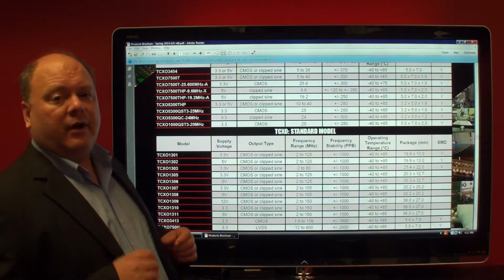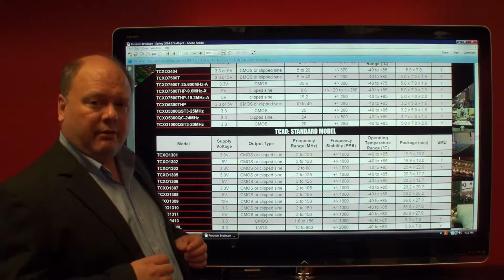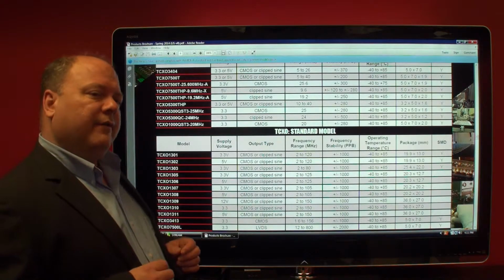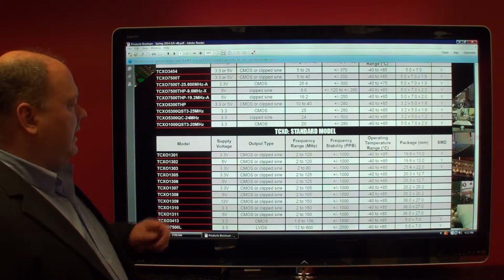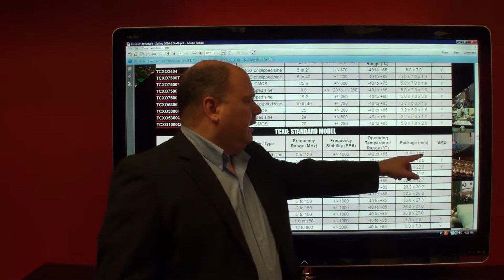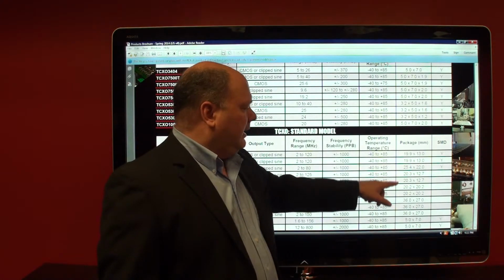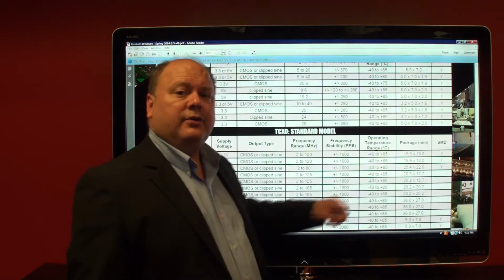And again, we have a large number of TCXO general models. All the different package sizes, the most popular, are indicated, including larger leaded packages, sort of like OCXO packages.